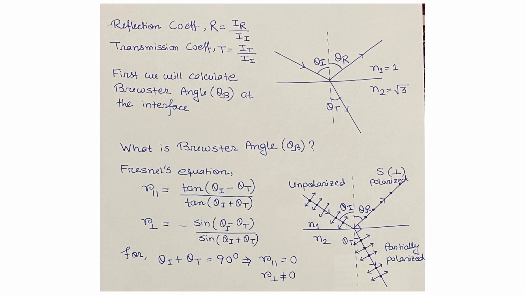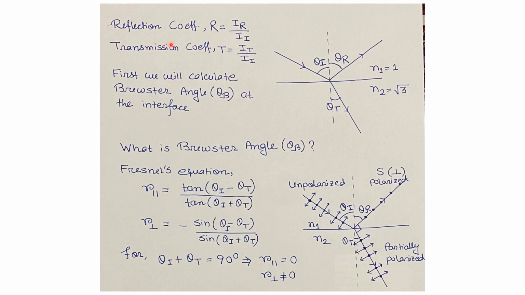According to our question, we have an interface separating two media having refractive indices n1 equals 1 and n2 equals √3. Now, one unpolarized light is incident on the interface with angle of incidence theta I, the angle of reflection is theta r and the angle of transmittance is theta t.